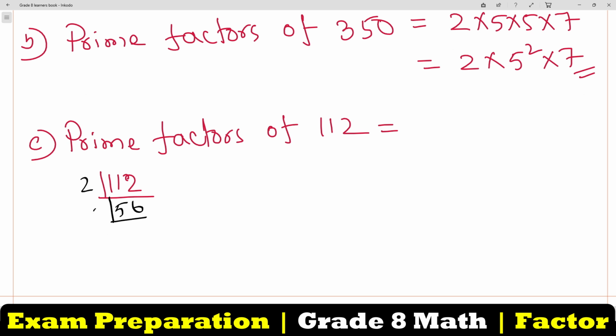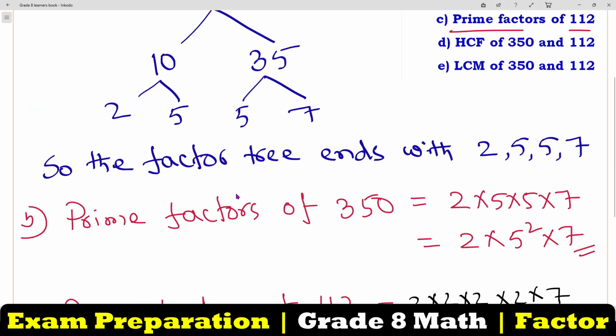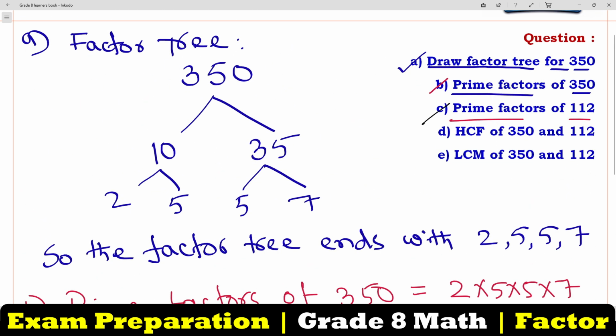Then divide by 2, 28. Divide by 2, 14. Divide by 2, 7. So the result is 2 times 2 times 2 times 2 times 7, which is 2 to the power 4 times 7. Okay, so numbers A, B, C are done.